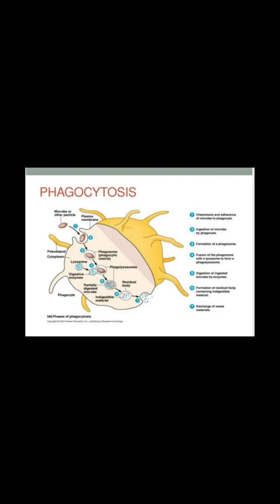In the case of phagocytosis, first there is chemotaxis and adherence of the microbe to the phagocyte. The phagocyte then ingests the microbe. Then the phagosome is formed. The phagosome fuses with the lysosome to form a phagocytosome.